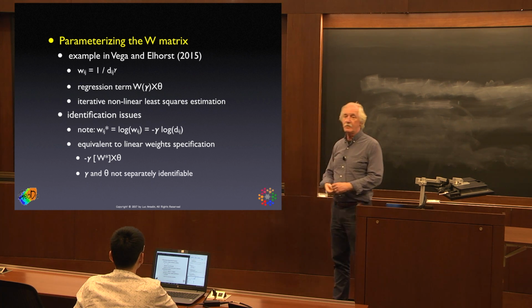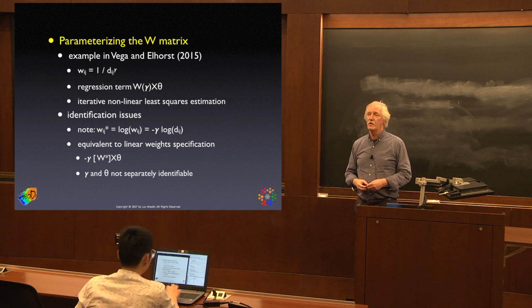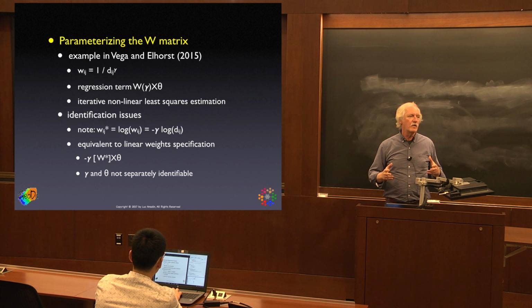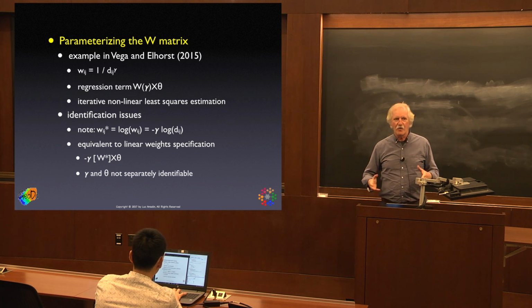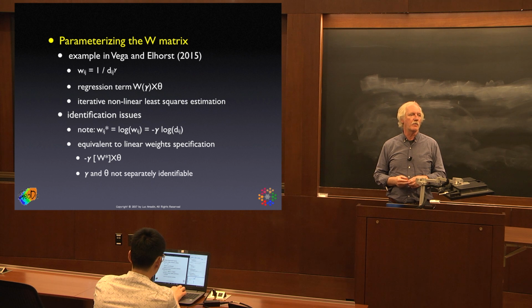Minus gamma times W star, which is the log of the distances, times X times theta. And there is no way you're going to identify gamma and theta together, right? So even though it may look, if you wish, more sophisticated, more theory-based, at the end of the day, it doesn't help, because you still have a formidable identification problem.